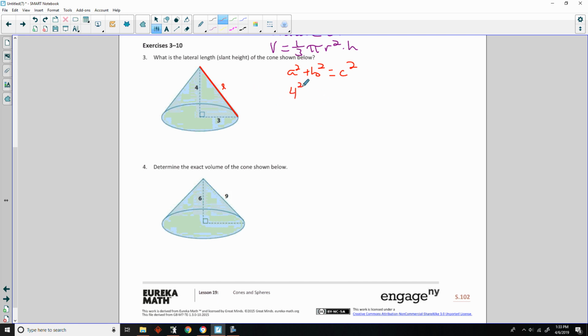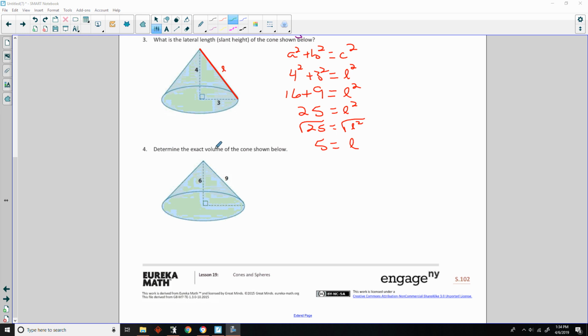So I'm going to say 4 squared plus 3 squared equals L squared. 4 squared is 16, 3 squared is 9. 16 plus 9 is 25 equals L squared. And if I take the square root of 25 and the square root of L squared, then I get L to equal 5.